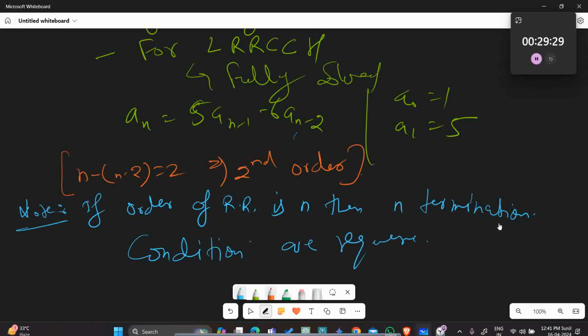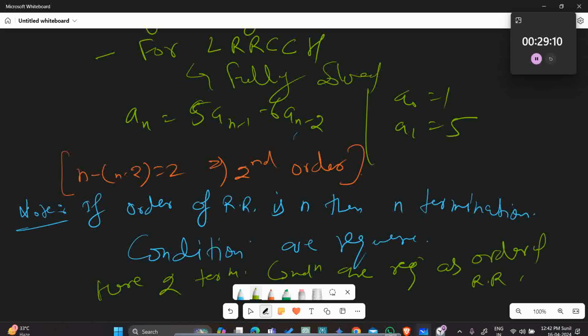So here two termination conditions are required as the order of the recurrence relation is 2. Right?